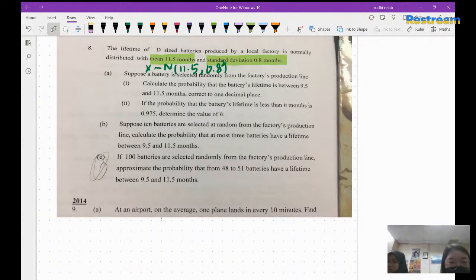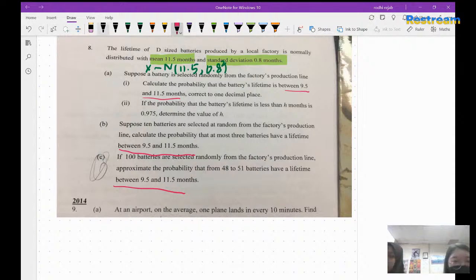Okay, so before I explain this question, I will go through all questions first. So soalan ni kita boleh nampak dia cakap between 9.5 and 11.5. Semua soalan ni ada. Sini pun ada kan? So which means that A, B, C semua guna P yang sama.